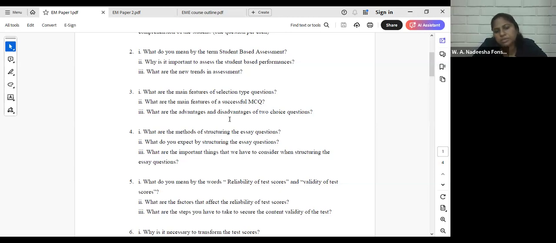So what do you expect by structuring the essay questions? We already discussed that. That is to get rid of those disadvantages. So what are the important things that we have to consider when structuring the essay questions?